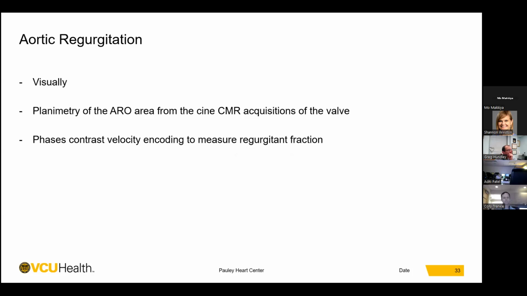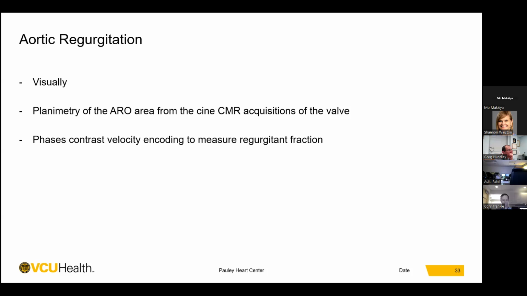Aortic regurgitation. So how do we evaluate aortic regurgitation in MRI? We can do that visually, where we can see the dephasing jet and can identify the mechanism of aortic regurgitation by evaluating the valve and associated structures like the thoracic aorta dimensions.